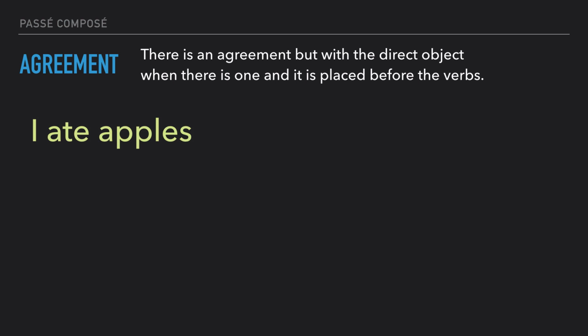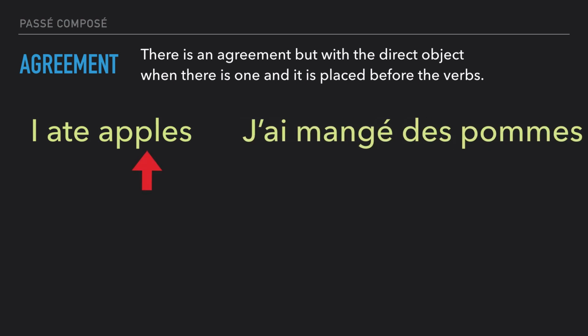In English, I ate apples. Apples is here the object, and you can say it is the direct object because there is no preposition between the verb and the object. It comes directly after the verb, so it is the direct object. Pomme in French. But in this example, apples is after the verb. So in French, we are going to say j'ai mangé des pommes.